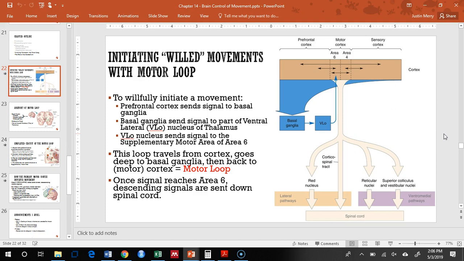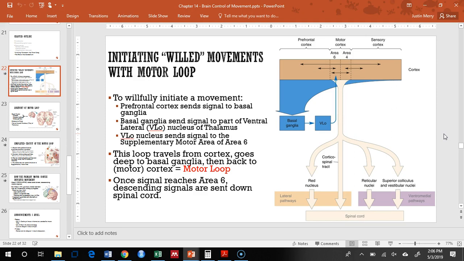But the thing I want to emphasize for this purpose is that we were saying in that question that it's upper motor neurons in the primary motor cortex. That's these guys over here in area 4, and they definitely contribute axons that go down the spinal cord in the corticospinal tract. But what this figure points out is that there are also axons coming out of area 6, which includes the premotor area and the supplementary motor area.